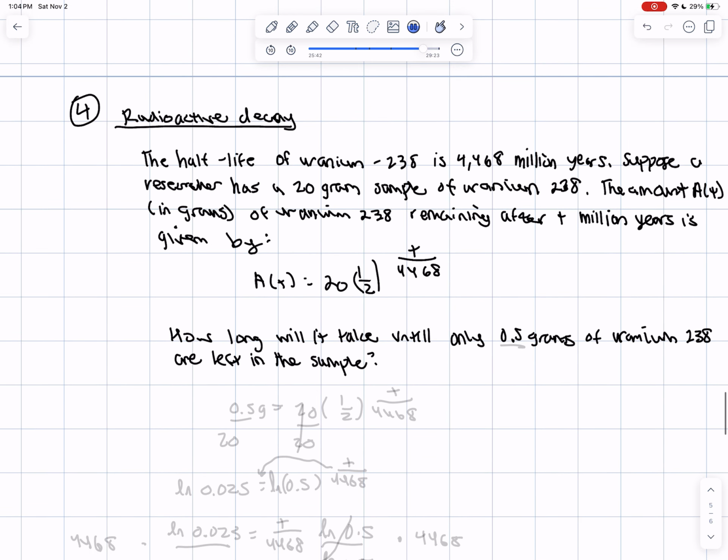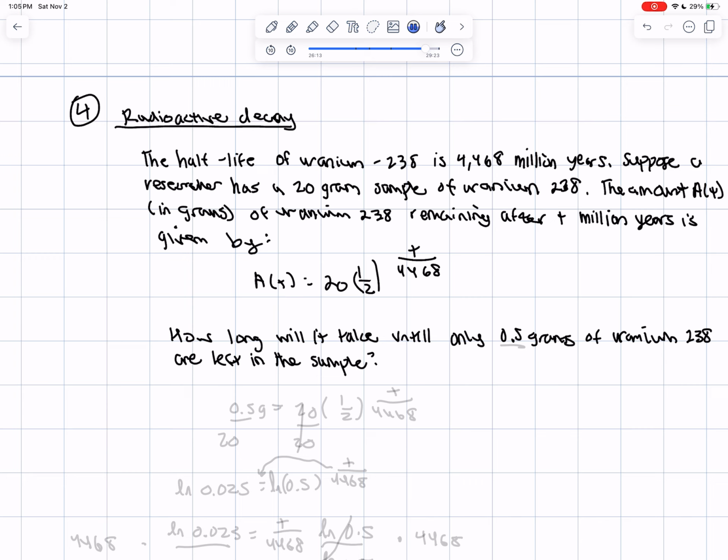Okay, so this problem is going to be solved the same exact way as we did the last one. But of course, it's just using different values. So the half-life of uranium-238 is 468 million years. Suppose a researcher has a 20-gram sample of uranium-238. The amount A of T in grams of uranium-238 remaining after T million years is given by the formula.